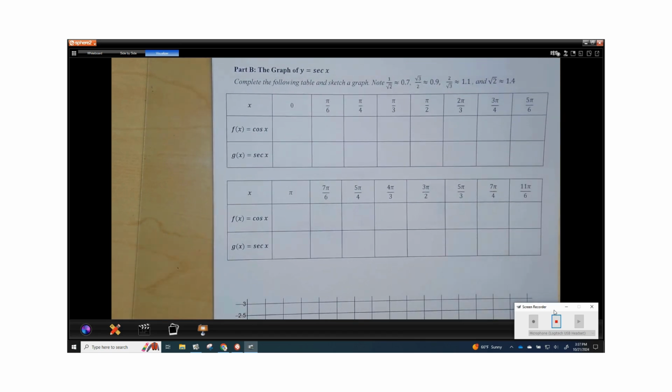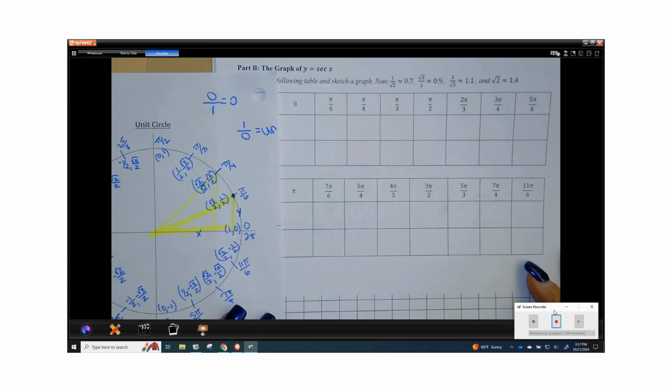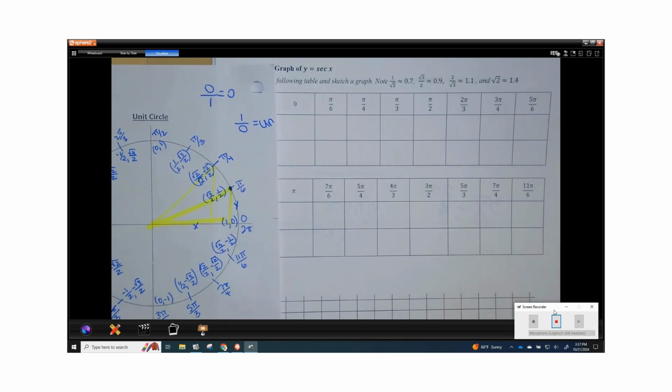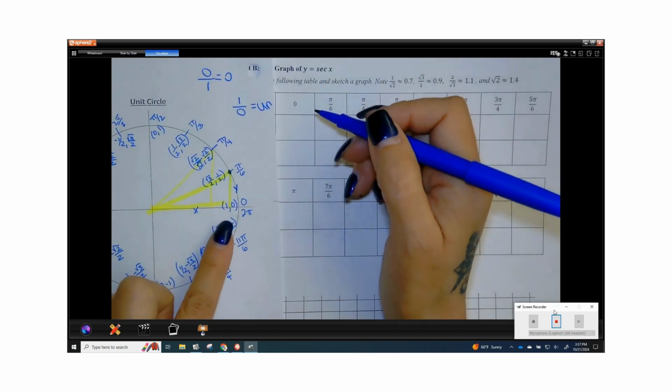Let me show you the circle. I can't really see it. Okay, so let's do the cosine values, which are the x values all the way around. I'm trying to look at my copies to make sure I have, no, that's cotangent. There's cosecant, so secant. So we're going to do cosine. Cosine are the x values, so we're going to start at 1.